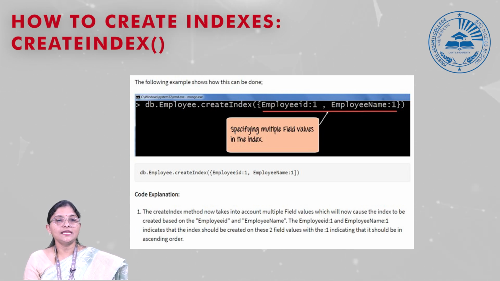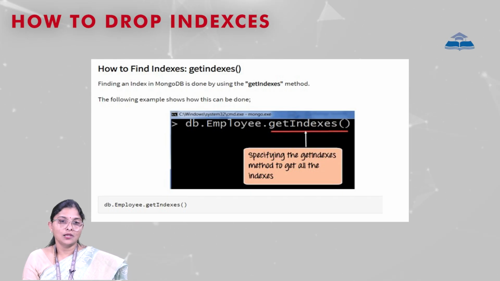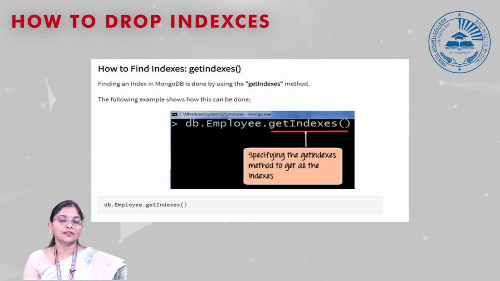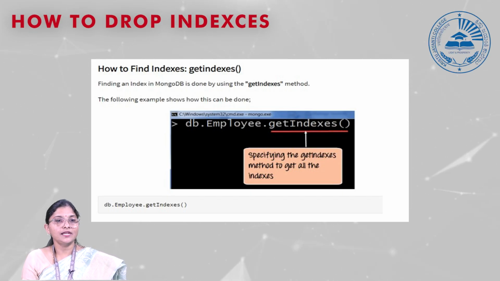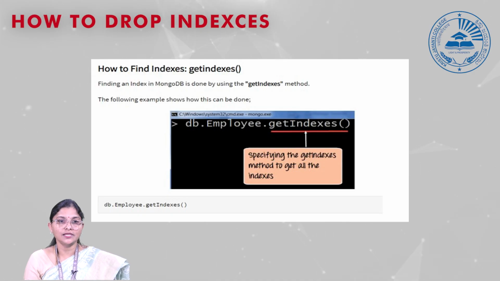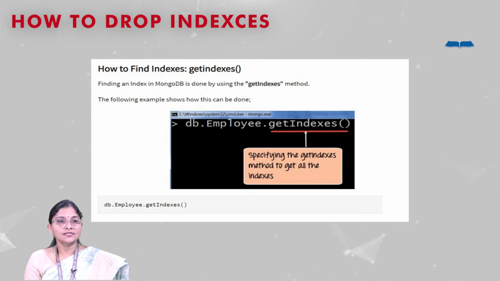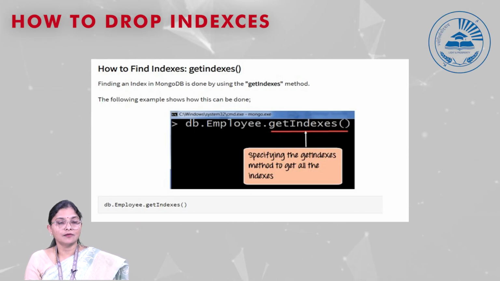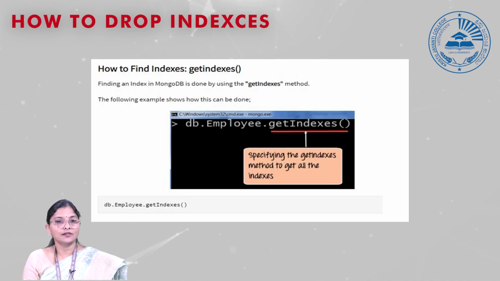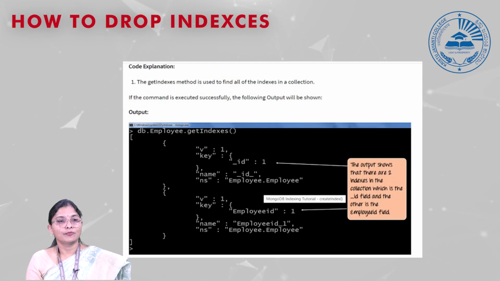Now, how to find indexes? I want to know how many indexes are created on a particular collection. Finding an index in MongoDB is done by using the getIndexes method. Just call the getIndexes method on the collection name: db.employee.getIndexes. This returns the indexes created on the collection employee.